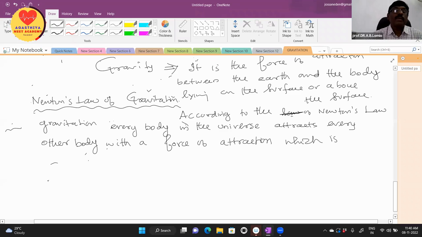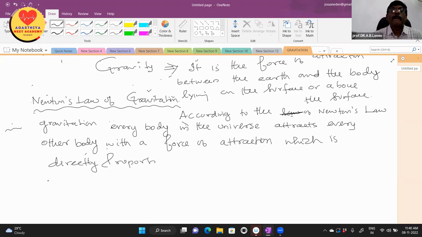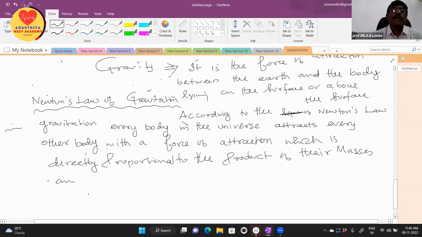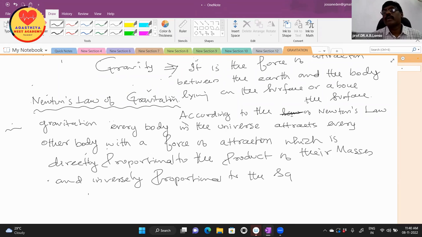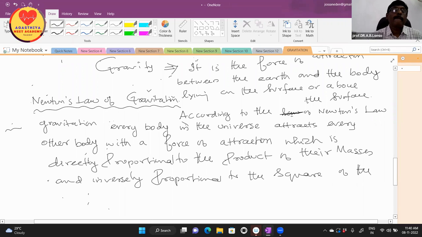The force is directly proportional to the product of their masses and inversely proportional to the square of the distance between them.